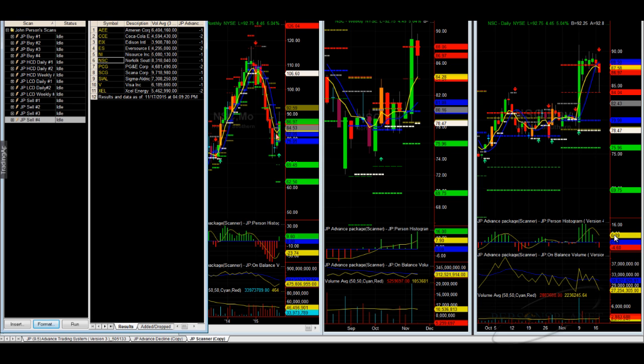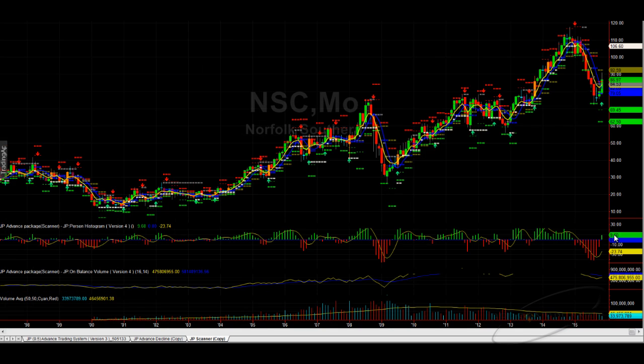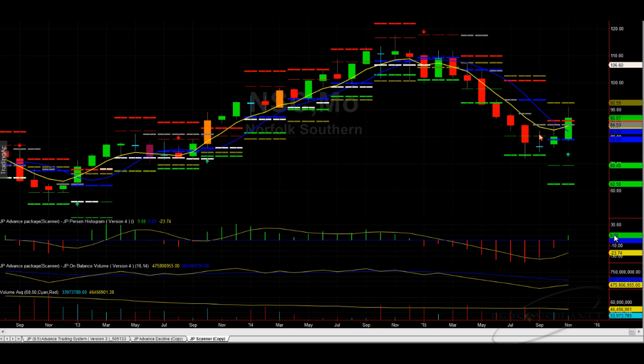In fact, you'll note that at the end of this month, this is a monthly chart, NSC, the momentum indicator, is starting to turn positive, number one. Number two, we had a doji formation.